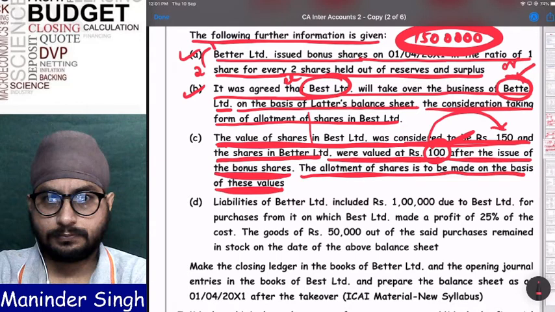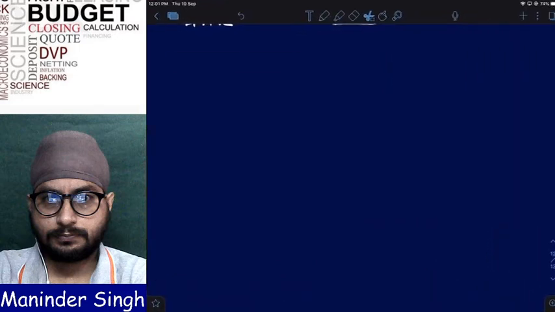Now, 15 lakhs worth of shares I am giving for how much? 15 lakh shares are there, right? The face value is 100 rupees, but I am giving it for 150. Now tell, how many shares am I going to issue?